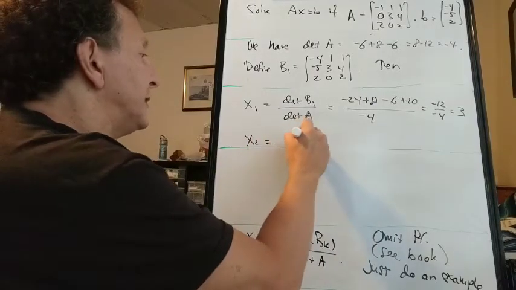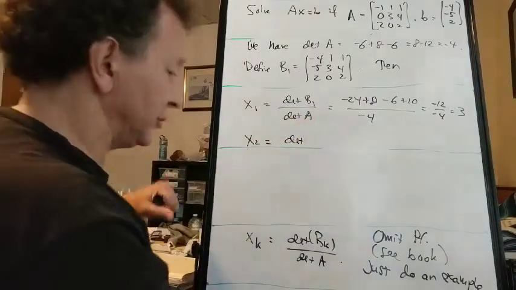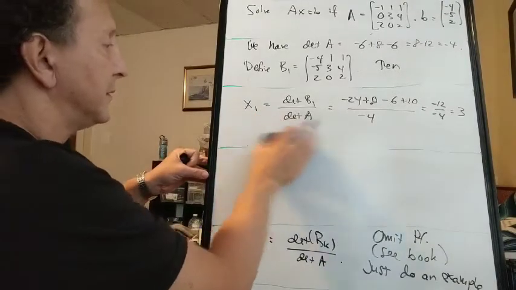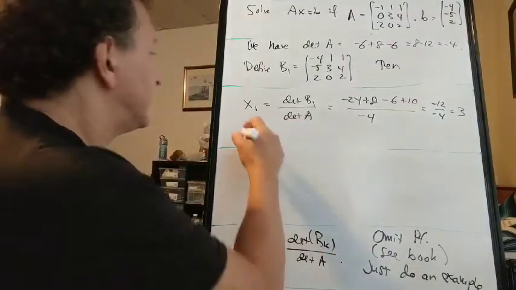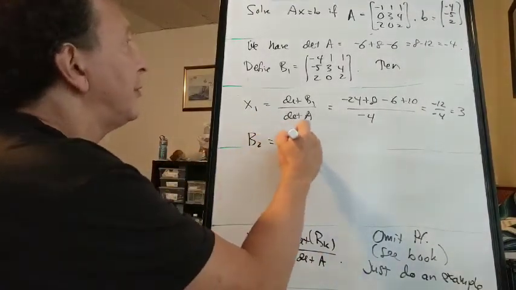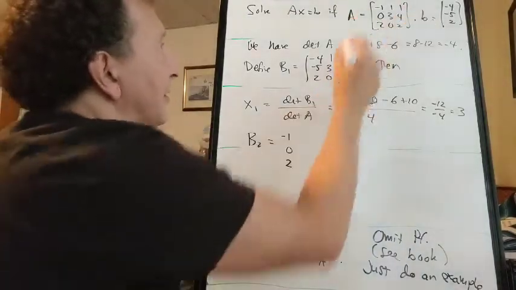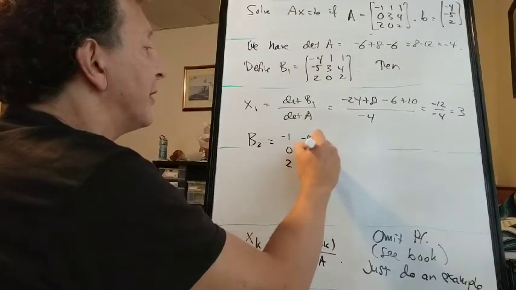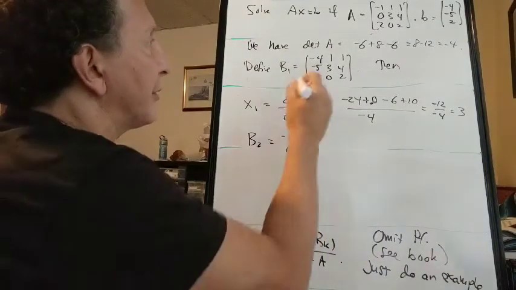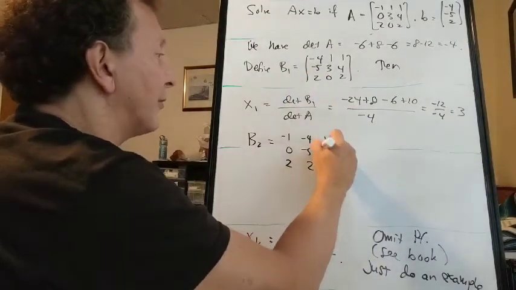X2 is determinant of, we have to write down what B2 is. B2 is, we'll take the first column as it is, then we'll put B in for the second column, negative 4, negative 5, 2, and take the third column exactly as it is, 1, 4, 2.